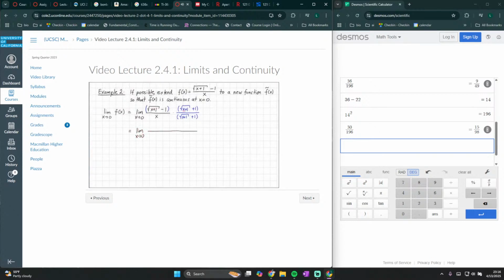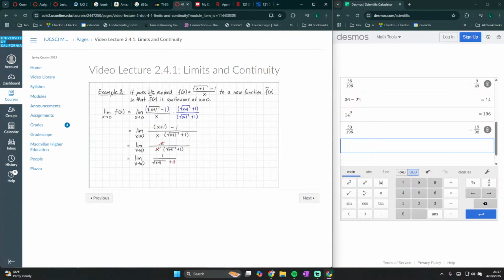The square of the square root of x plus 1 is simply x plus 1, and then minus 1, over x times the square root of x plus 1 plus 1. And then we can simplify. X plus 1 minus 1 is simply x, and we still divide by x times the square root of x plus 1 plus 1. Now we can cancel these x's, and we're left with the limit as x approaches 0 of 1 over the square root of x plus 1 plus 1.